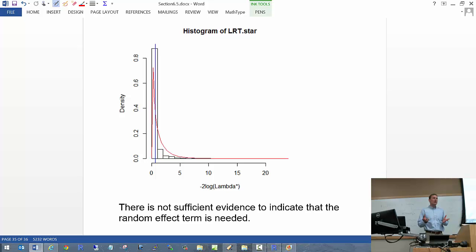If I use a chi-square 1, what would have been my p-value? About 0.4. And so you can see why it wouldn't have worked well. The red line is a little bit too far to the right. The blue line here represents my observed test statistic, and you can see why I did not reject H0, because it's in an area where there's a kind of larger probability.